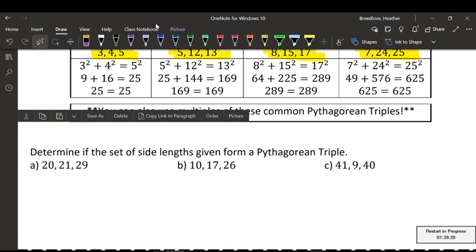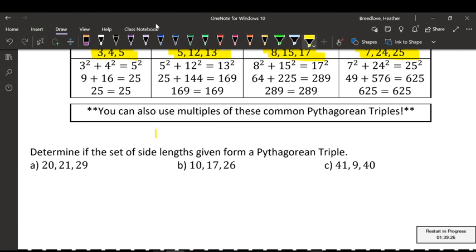So do these work? If they work, that means they satisfy the Pythagorean theorem. It gives you a true statement. So you're just applying the Pythagorean theorem and seeing if it's true or false. That's basically a true-false question.